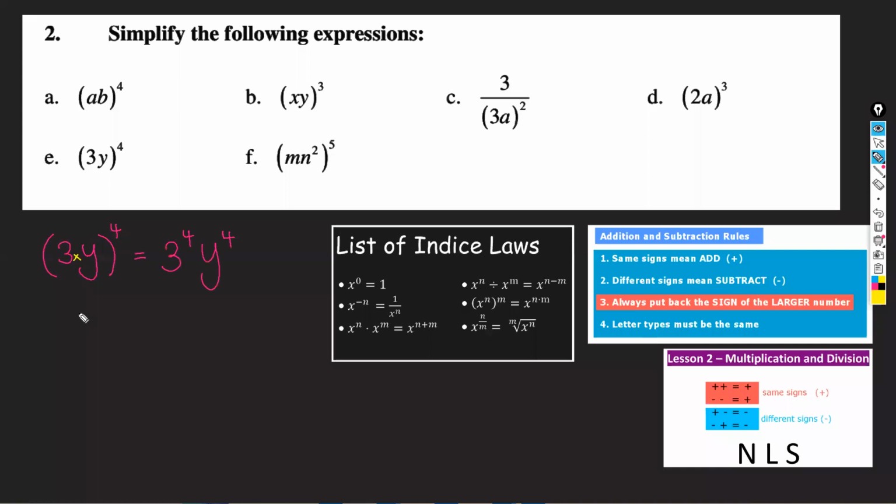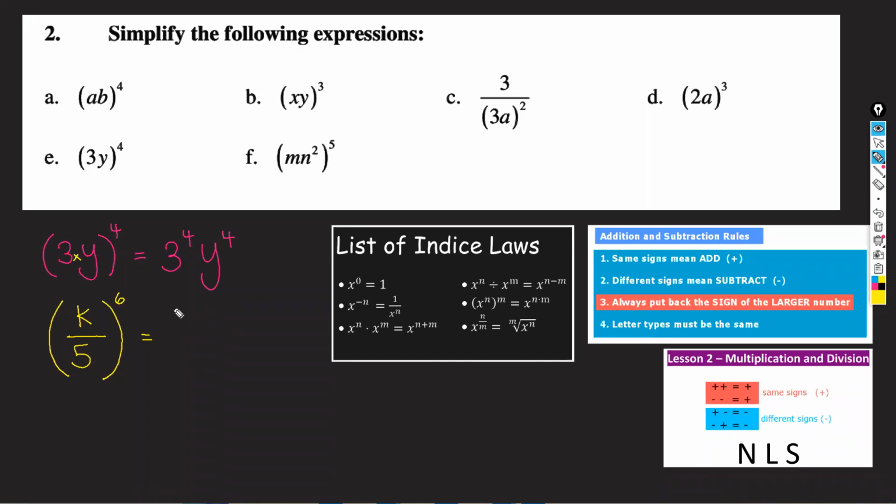So let's say we had the letter K divided by 5, and it's a divide this time instead of a multiply. And I put this whole thing in brackets. And I have the power, let's just call it 6, right? The whole thing is in brackets. So that means that power, the 6, belongs to everyone inside the brackets.